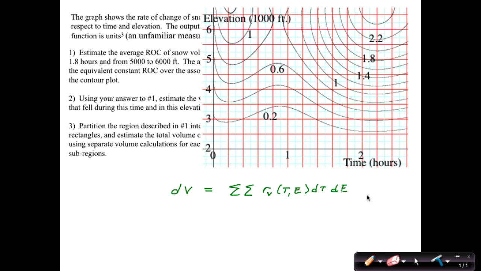We could pick an e value and sum across the t's, and then pick another e value and sum across the t's. So we're really doing a double sum, right? We're summing a bunch of rows, and in each one of those rows, we're summing a bunch of squares. So this is a double sum of t's and e's.